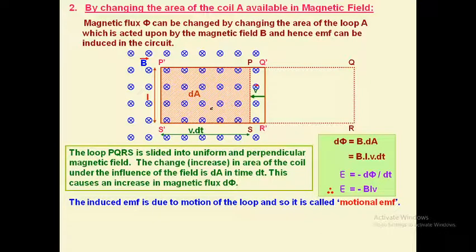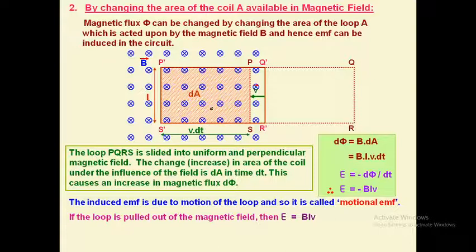The induced EMF produced in this way, that is due to the motion of the loop, is called motional EMF. Okay, it's not a new thing. It is also induced EMF, but since it is particularly produced as a result of motion of the coil, sometimes we call it motional EMF. Even if the loop is pulled out now, we will again have the EMF BLV, but positive.